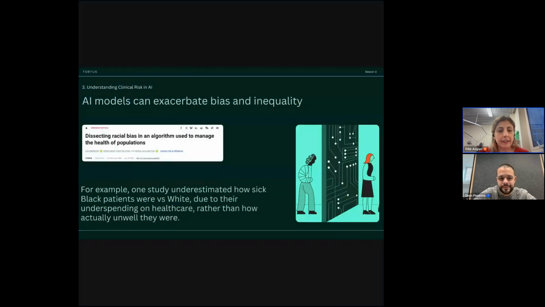So exacerbation of bias and inequality is one of the really important things. You'll probably hear it in the media, in all the conversations about AI, and it's a real issue. One of the challenges is that we do know a lot of our data, including our health data, is inherently biased, because of how society works, unfortunately.